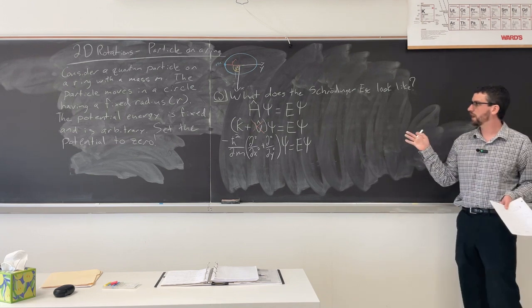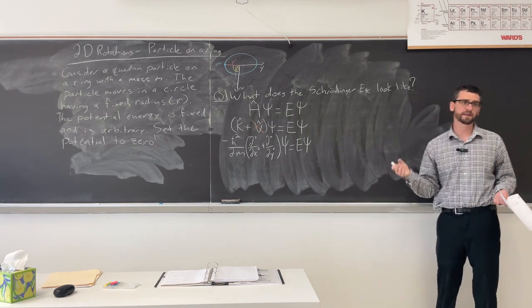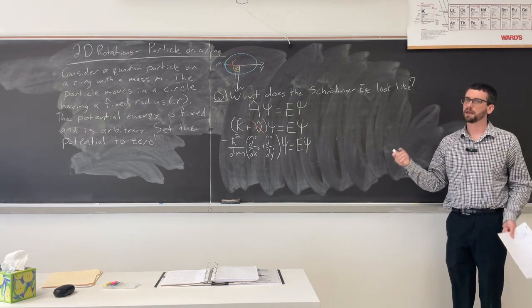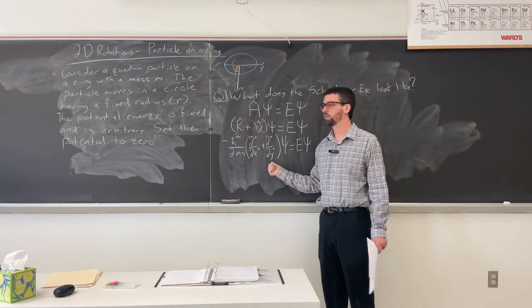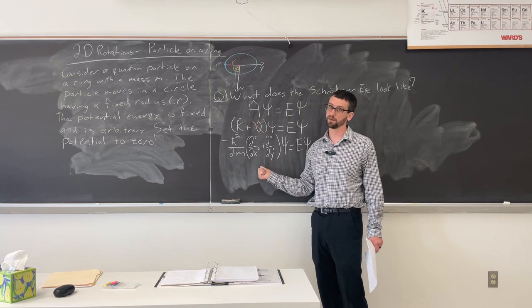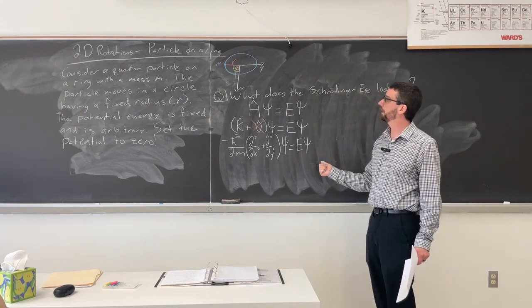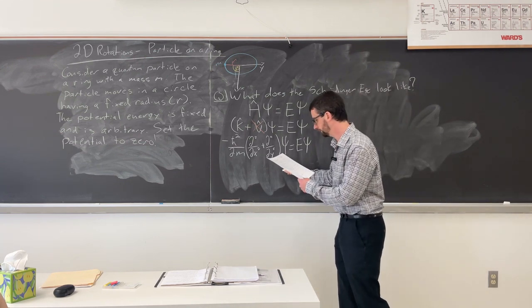So we could try to do this in terms of Cartesian coordinates. We're used to it. It's nice to deal with it that way. However, if you try it, what happens is x and y are not independent of one another. They're dependent on one another. And in order to know r, you'd have to know the position of both of those.